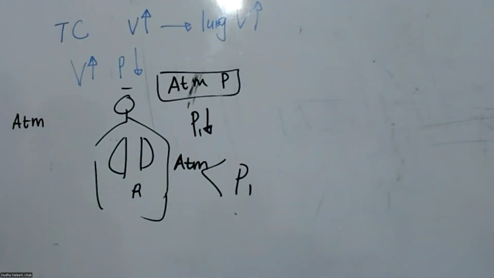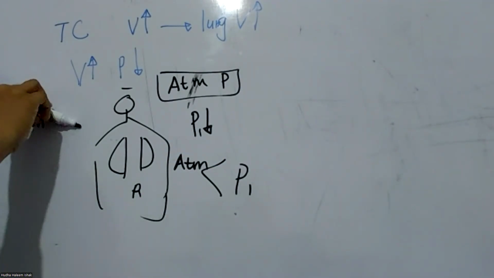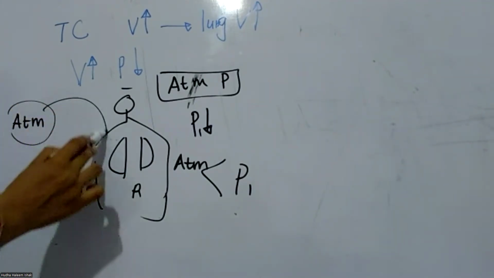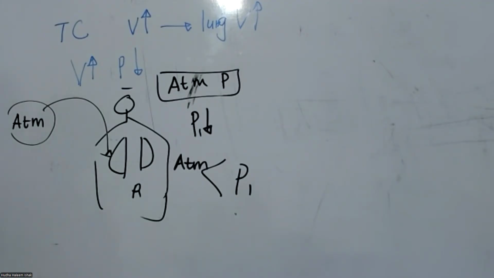So what is happening now? The air will flow from high pressure to low pressure by creating a pressure gradient. Okay, so now what happens? There is high pressure in the atmosphere. All the air will flow into the lungs because there is low pressure now. So it has to balance. That's why the air is moving from out to in. Is it clear?